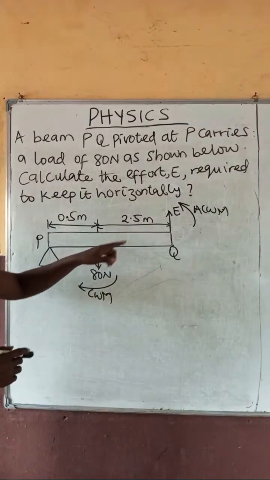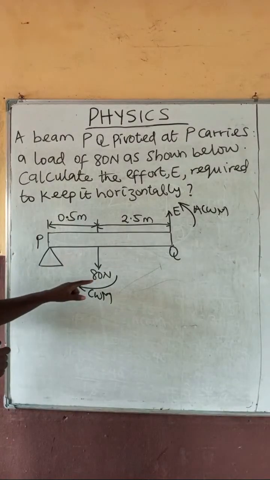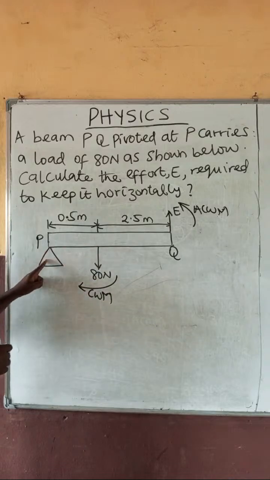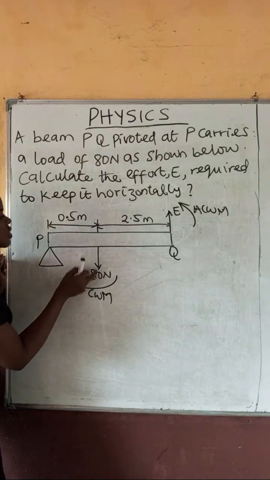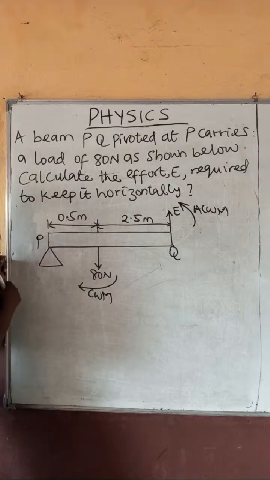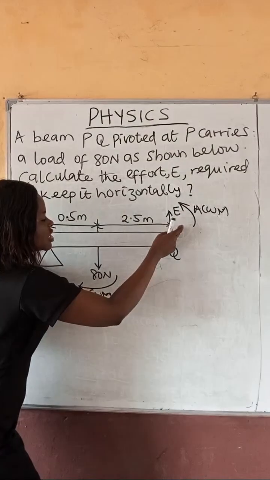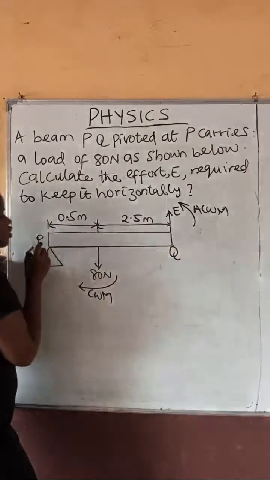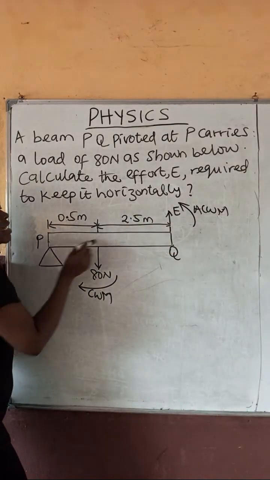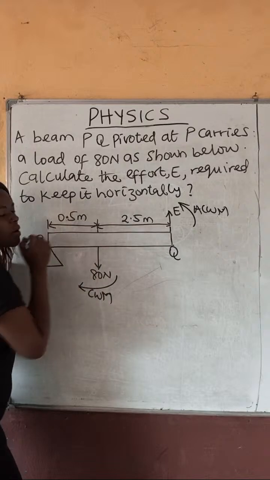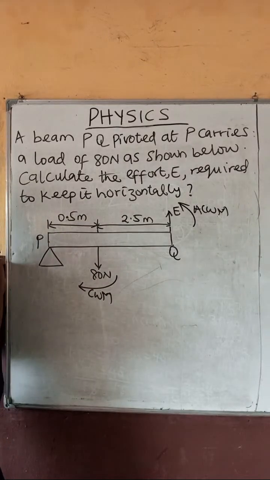If this is an anti-clockwise moment, we are taking it with respect to the pivot. The distance of this 80 Newton is from here to here, that is 0.5 meters. Whereas the distance of this E, the effort, is from here to the pivot. So I'm going to add 2.5 plus 0.5 to give me the total distance.